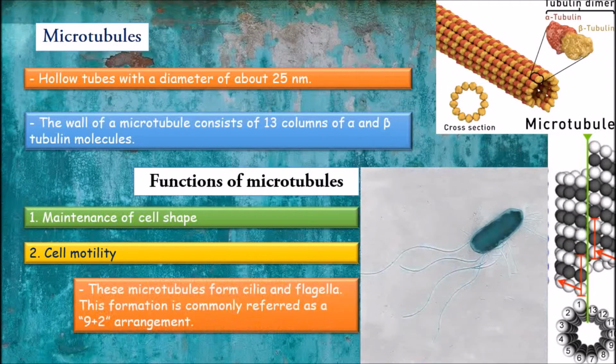In 9 doublets oriented about 2 additional microtubules, these microtubules form cilia and flagella. This formation is commonly referred to as a 9+2 arrangement. Cilia and flagella help the cell to travel in the surrounding aqueous environment.